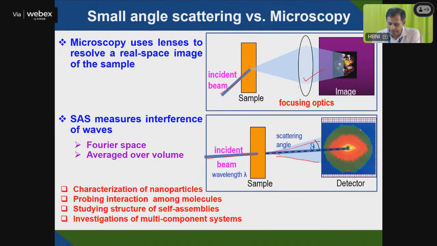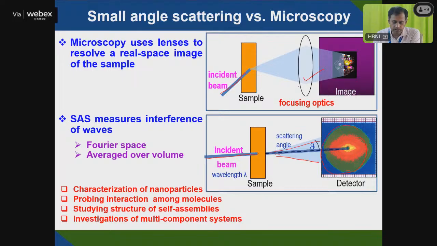So what you are getting is interference data. Your incident beam is interacting with the sample, and you are getting an interference in the wave structure. So the result will be in the Fourier space. So you have to Fourier transform, then average out over the volume you expose. The incident beam is exposed to the volume. Okay, so then you will be able to get the information.